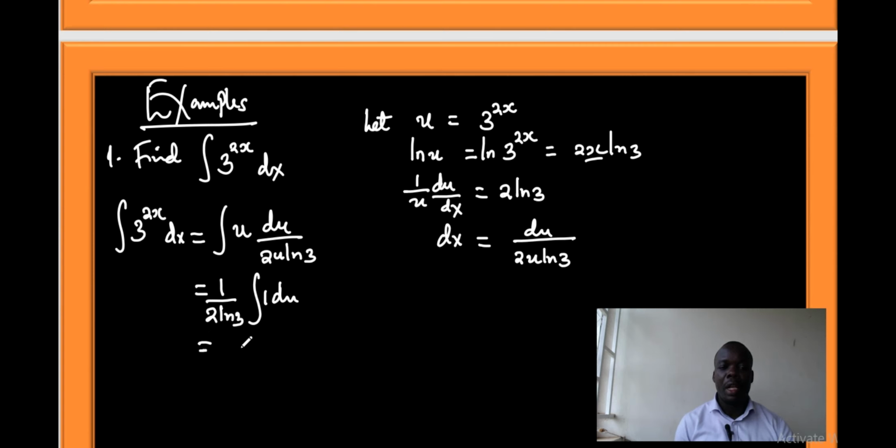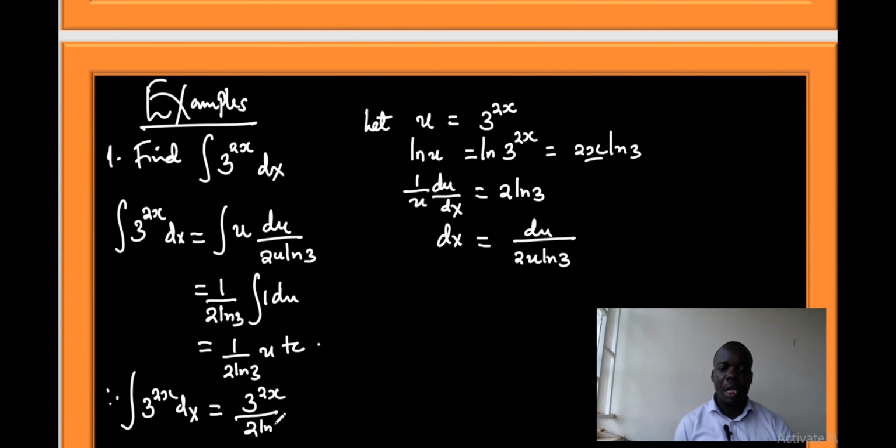When you integrate 1 with respect to u, you get u plus a constant. That means when you now substitute for u in terms of x, our integral of 3 power 2x with respect to x would be u, but u is 3 power 2x, all divided by 2 ln of 3, and then plus our constant of integration. As simple as this.